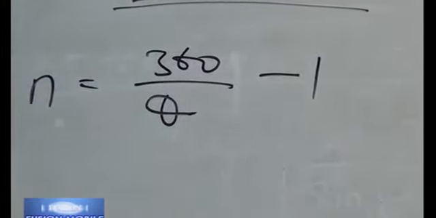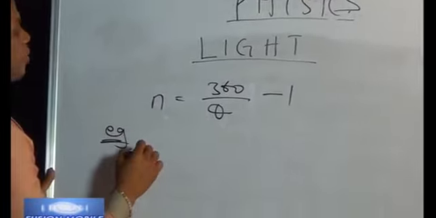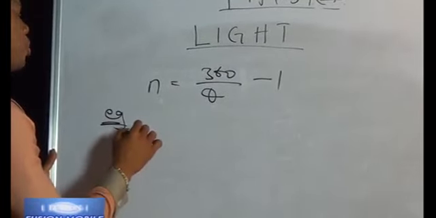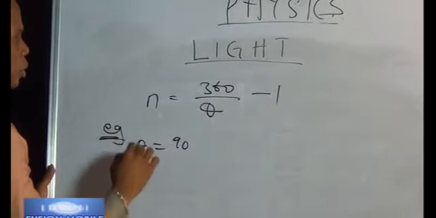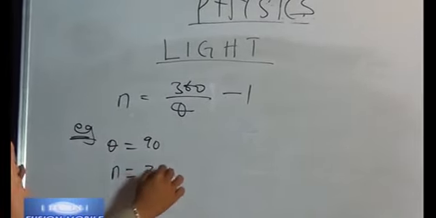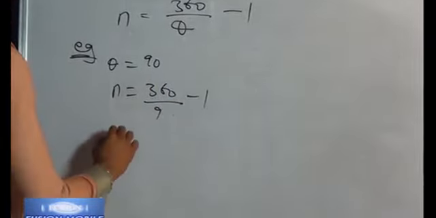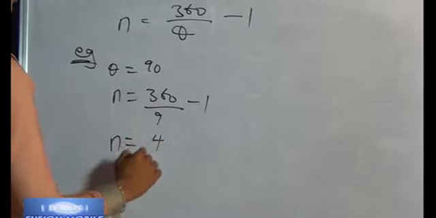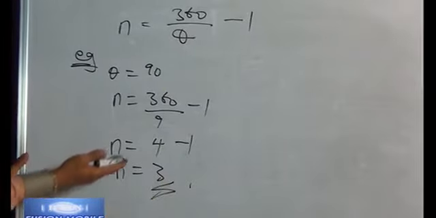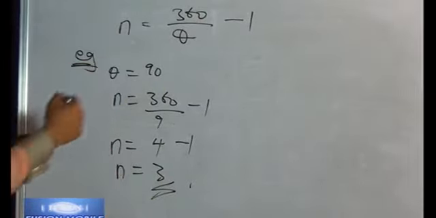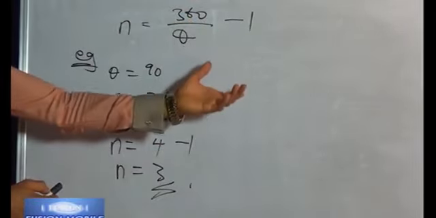For example, we can ask, what is the number of images formed on an inclined mirror when the angle of inclination theta is equal to 90 degrees? We'll say that n is equal to 360 over 90 minus 1. That means n is equal to 360 over 90 is 4, minus 1, n is equal to 3. That is it. That's the way to calculate the number of images formed on an inclined mirror.